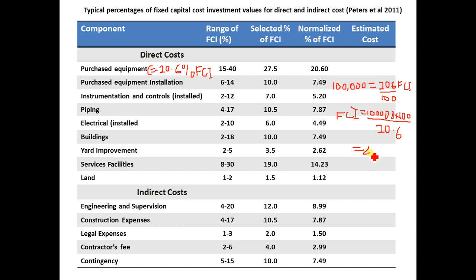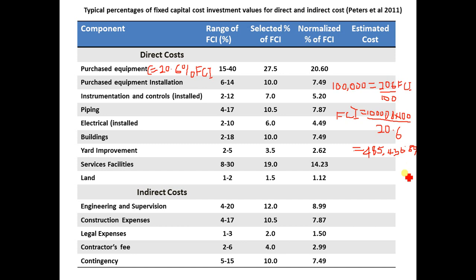This is going to give us 485,436.89. This is what we're going to get.